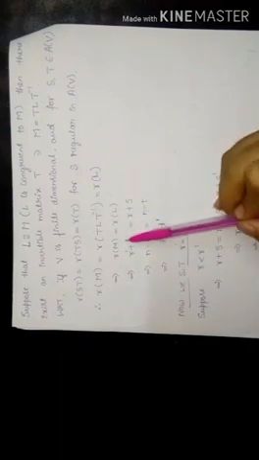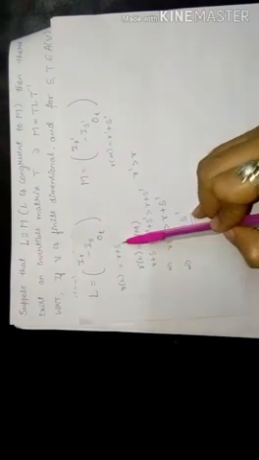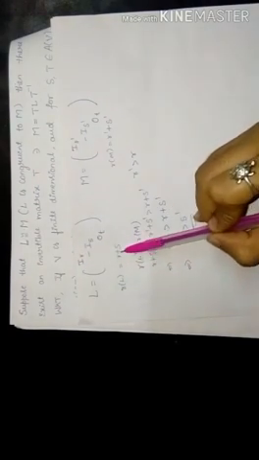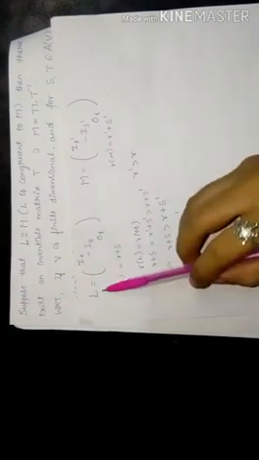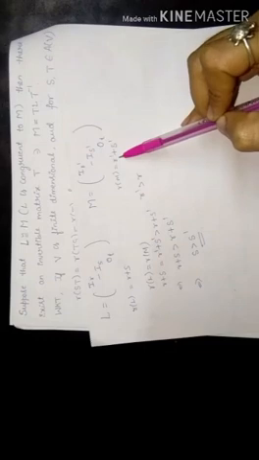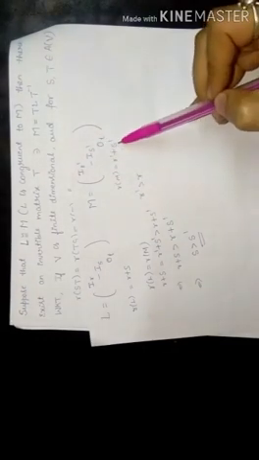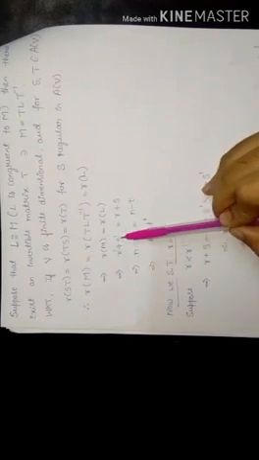Here we know that L and M are two matrices, and the rank of L is equal to r plus s, where r is the number of positive roots of L and s is the number of negative characteristic roots of L. Similarly, rank of M is equal to r' plus s', where r' is the number of positive characteristic roots of M and s' is the number of negative characteristic roots of M. Therefore R(M) is equal to r' plus s' and R(L) is equal to r plus s.